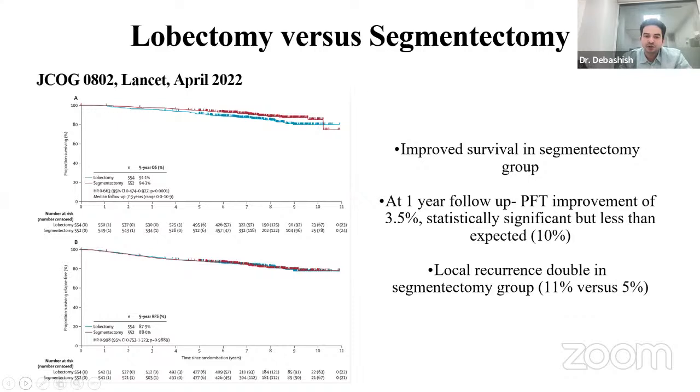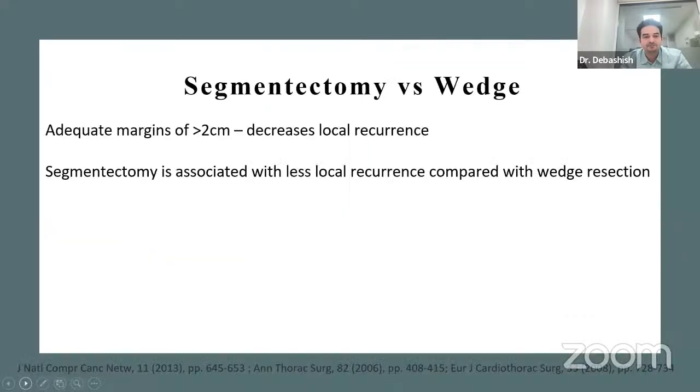At the end of 1 year follow-up, the pulmonary function improvement was 3.5%, statistically significant as compared to lobectomy. Obviously, the local recurrence will be more in case patients are not properly selected. So segmentectomy should be preferred only where the tumor size is less than 2 centimeters. Next slide.